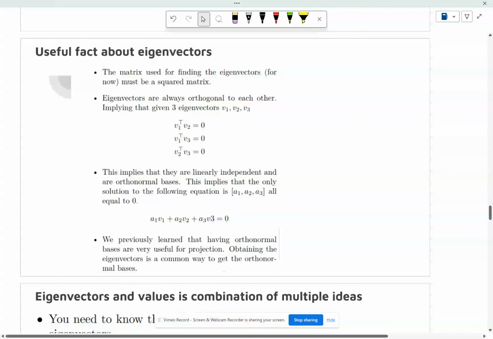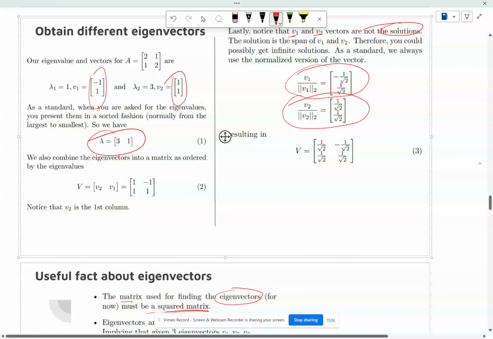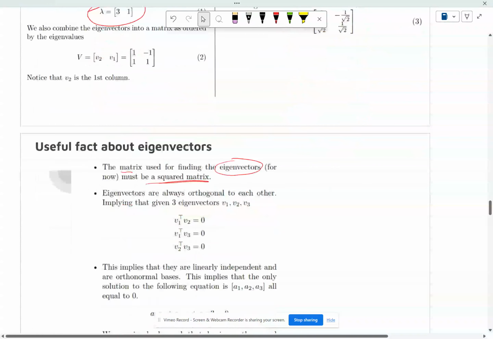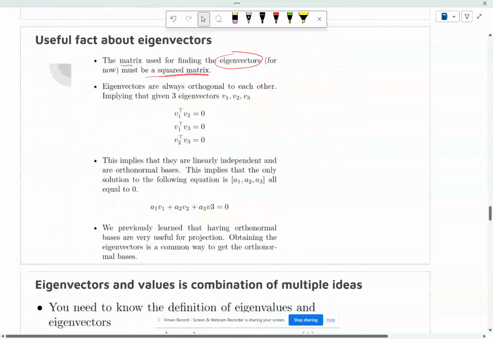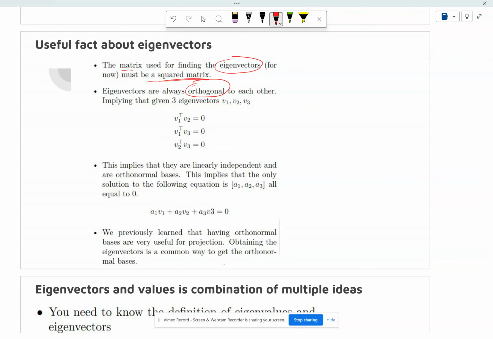Some interesting facts about eigenvectors. The matrix used for finding the eigenvectors must be a square matrix. So the A matrix has to be a square matrix. Eigenvectors are always orthogonal to each other. In fact, they're orthonormal. Therefore, if we have 3 eigenvectors, the dot product between all of them should be 0.